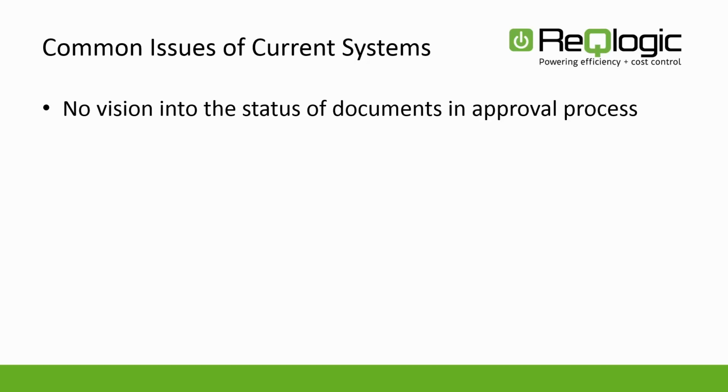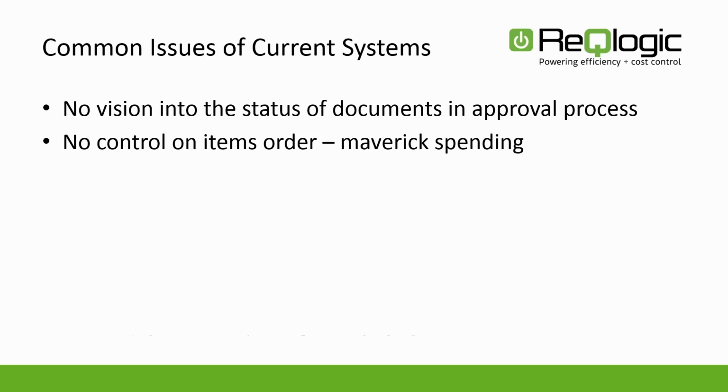The emails are lost, people don't have access, and they have no vision as to where they are. The downside of that is components that are important are not getting ordered, and communication with your vendors is missing.